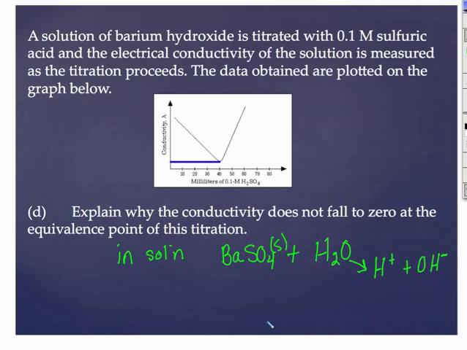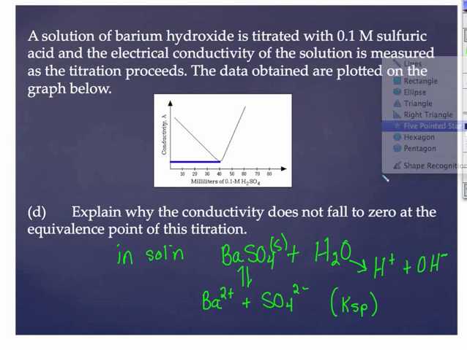This is small. Now, we also learned in our last unit that we can set up an equilibrium with what we call quote unquote insoluble salts. And so that barium sulfate would quickly set up an equilibrium. Remember our KSP equilibrium.